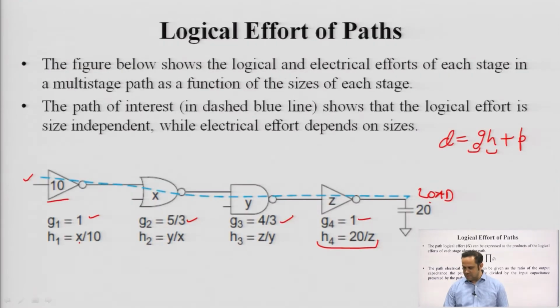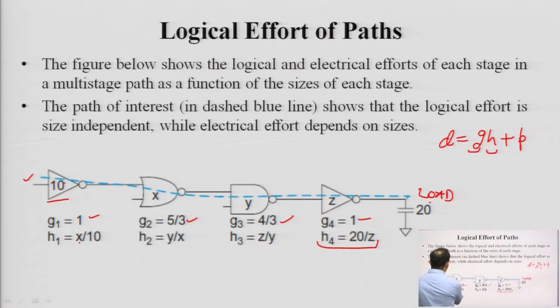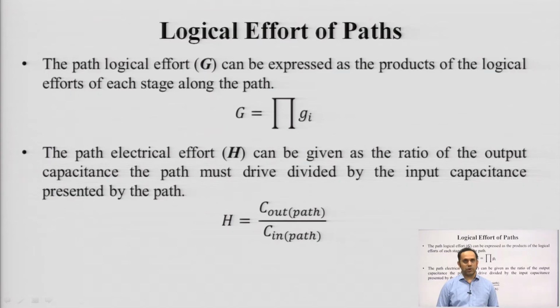So, in the previous example, if I multiply the logical effort of each of stages 1, 2, 3 and 4, I will get the total path logical effort. Similarly, the path electrical effort H is given as the ratio of the output capacitance of the path divided by the input capacitance presented by that path.